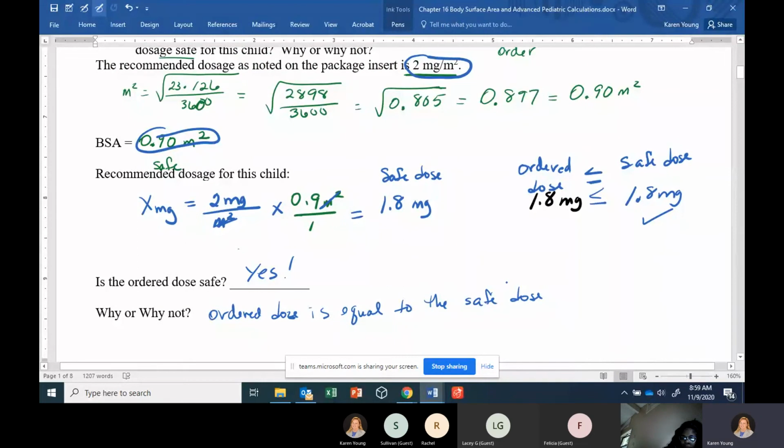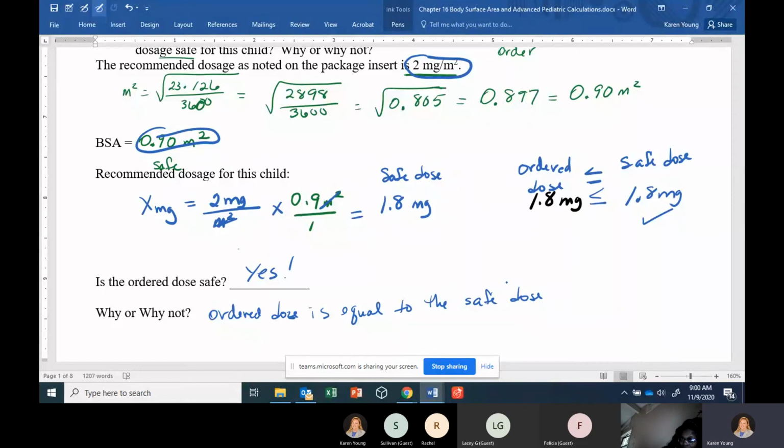Any questions on that one? No, ma'am. Okay. Have I confused y'all yet? Actually, that was the easiest one for me. Me too. It's because you've seen this before. We did it with milligrams per kilogram, and now we're just doing it with milligrams per meter squared.